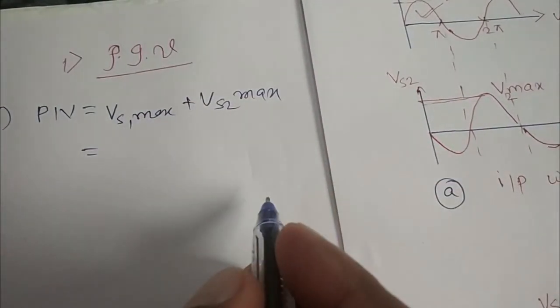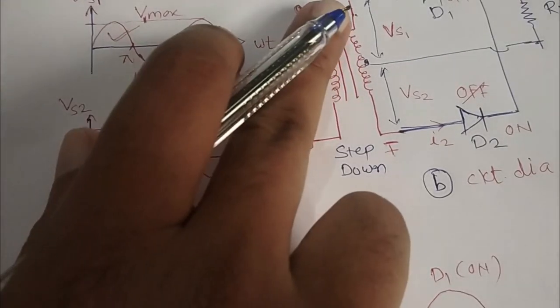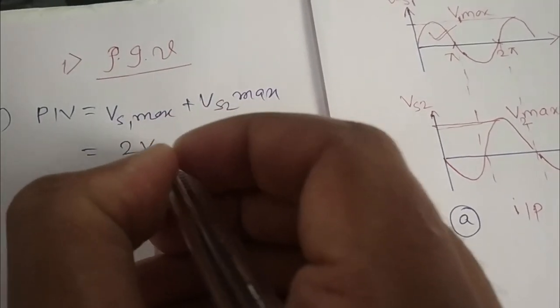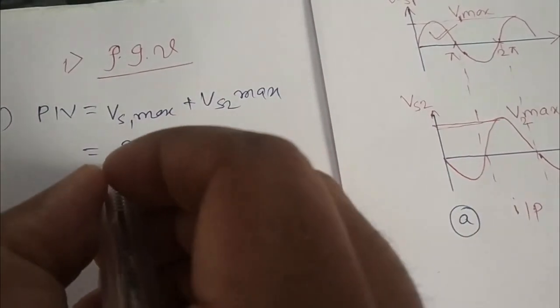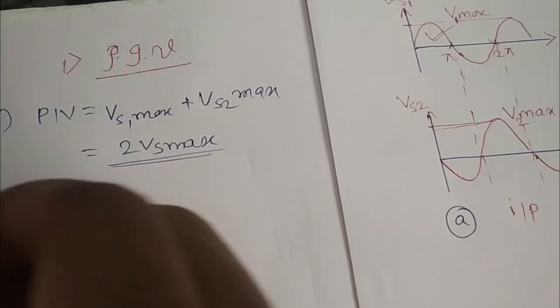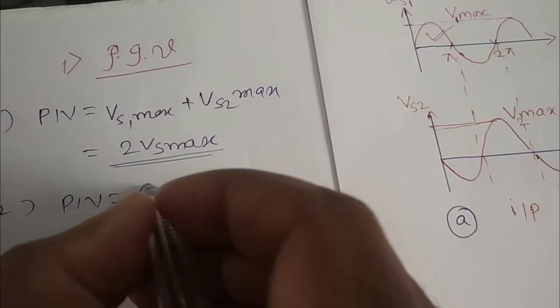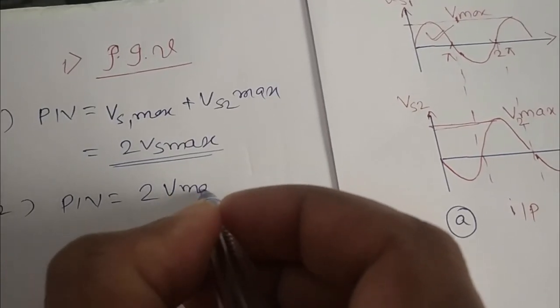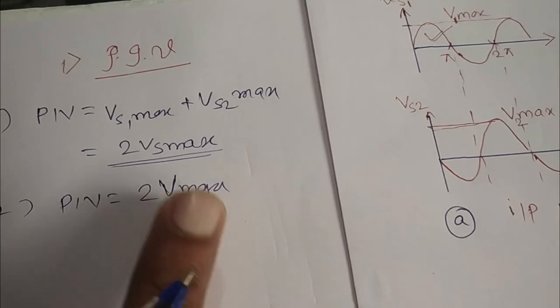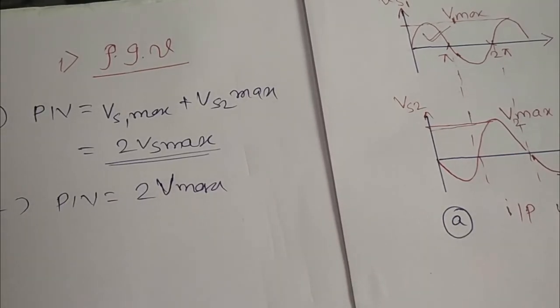If the voltage is the same in both the half parts, it will be 2 Vs max. Similarly for D2, PIV will be equal to 2 Vs max. So this is for PIV. Now let us see the next parameter.